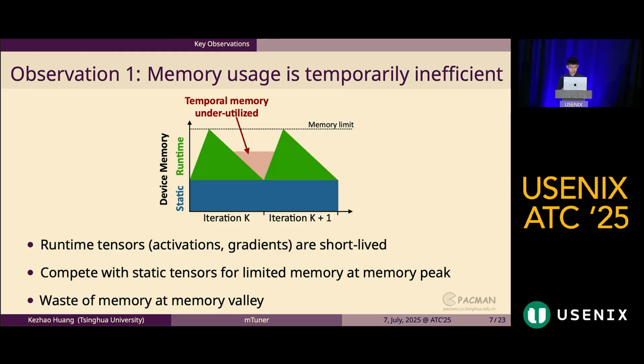The problem here is that short-lived tensors like activations and gradients compete with long-lived weights during peaks, which may cause out-of-memory risk. Moreover, during valleys, much of the GPU memory sits idle. This mismatch leads to memory inefficiency, either too much pressure at the peak or wasted memory in between. So our goal here is to find a way to better balance the memory over time.